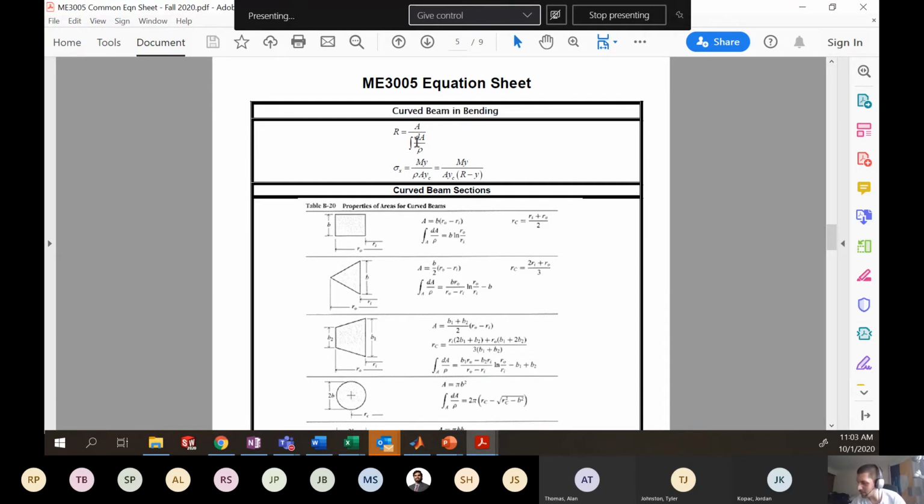And then down here, you have a variety of different expressions that tell you what this area, or this term dA on R, is, depending on your cross-section. All right, so hopefully we see these here. I'll zoom in on one in specific.